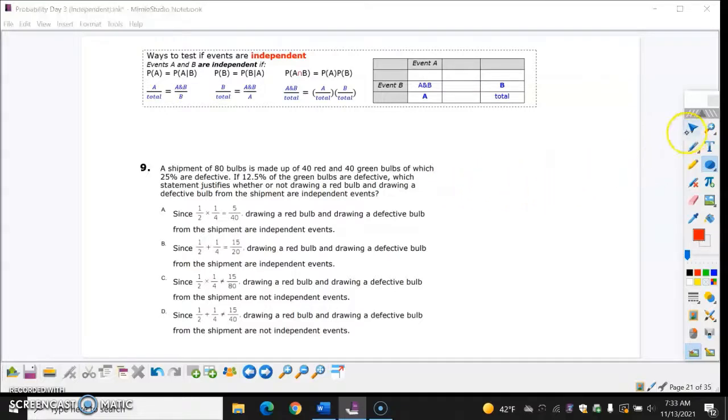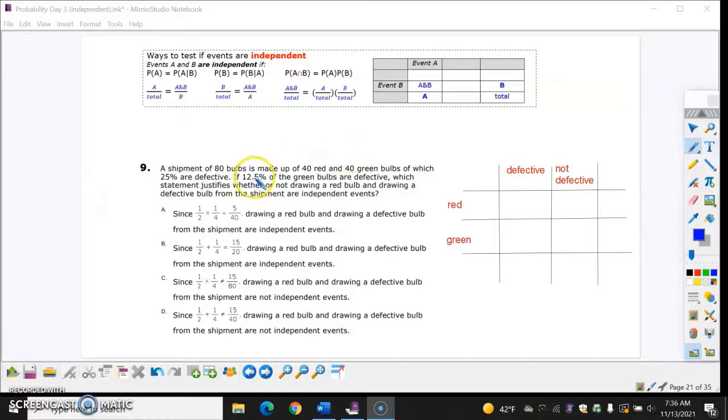This is another one that does not give us a two-way table, so we'll need to make our own. My categories here are going to be red and green, also defective and not defective.